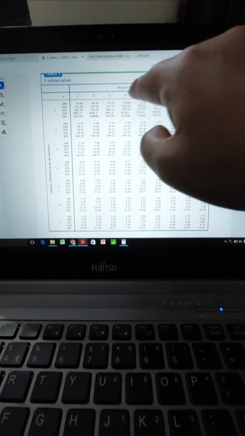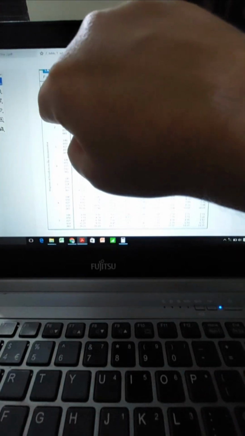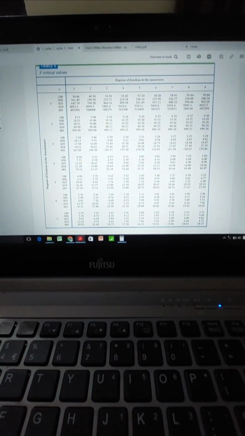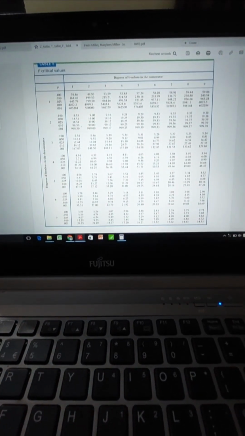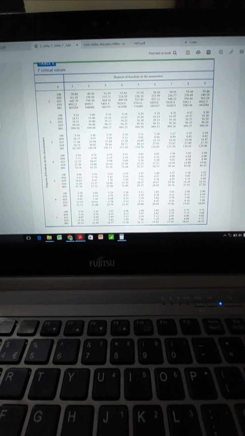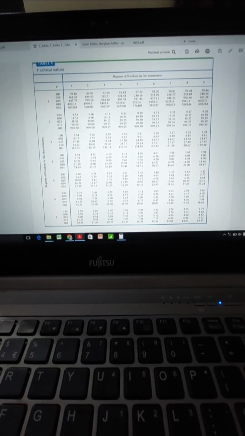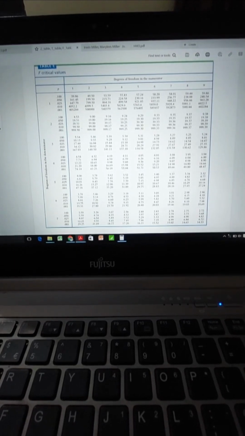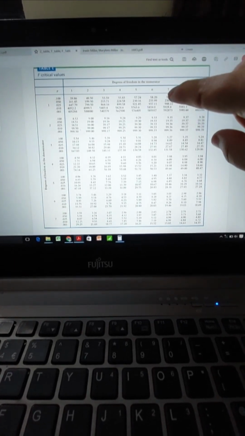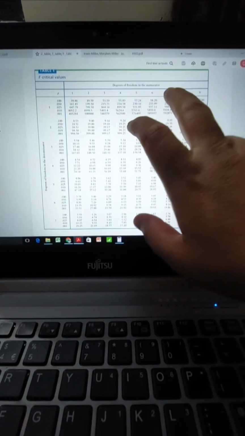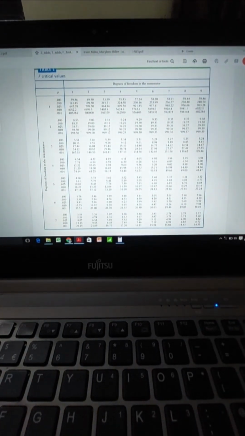This is the degree of freedom of the numerator, and this is the degree of freedom for the denominator. The first one we need is f of 0.01, 7 and 9. Here 7 is the numerator, and 9 is the denominator over here, so it will be on the next page.